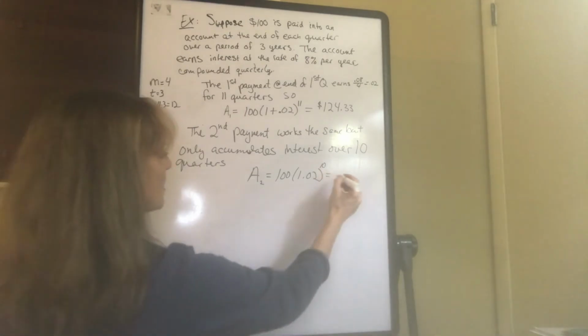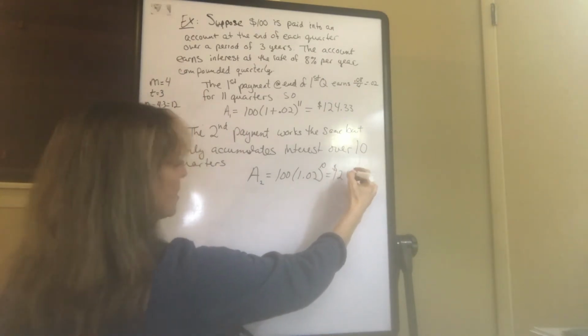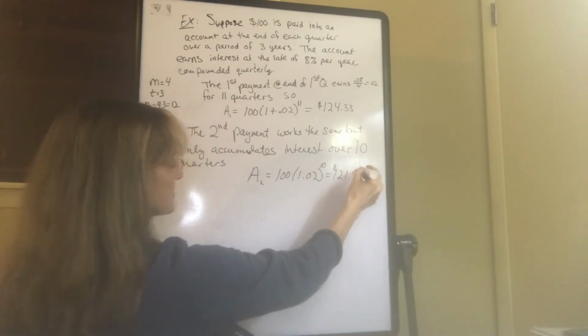I get that this is a little less, because it's only 10 quarters instead of 11: 121 dollars and 90 cents.